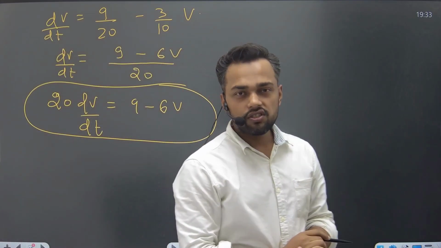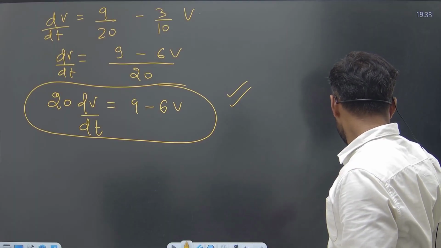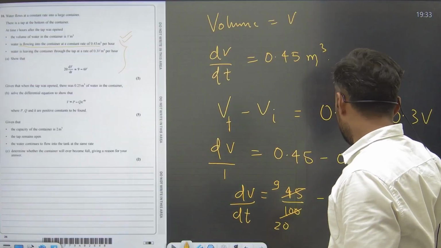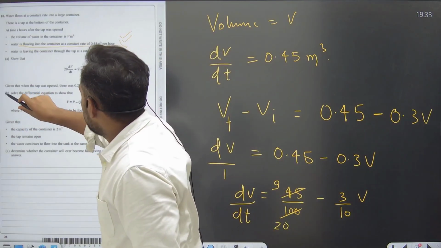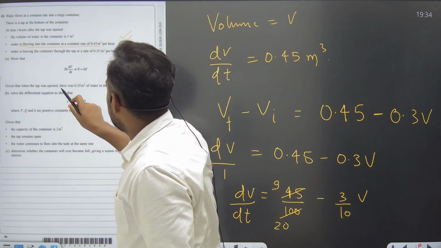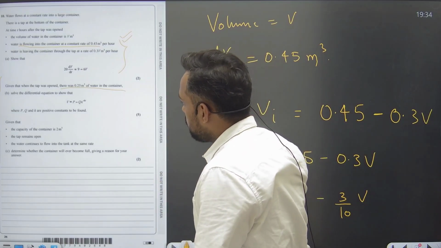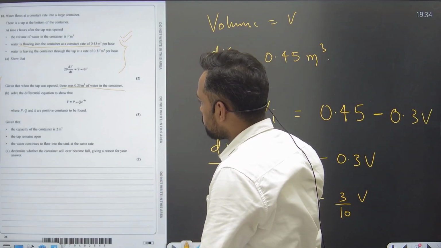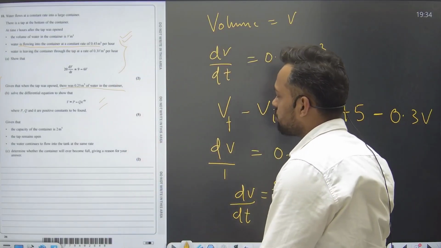This is the required value according to the question. Now in the second part of the question, they have mentioned that when the tap was opened, there was 0.25 meter cube of water in the container. Solve the differential equation to show that V is equal to P minus Q e raised to the power minus kt.